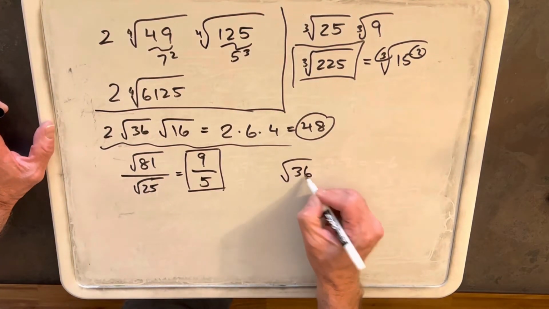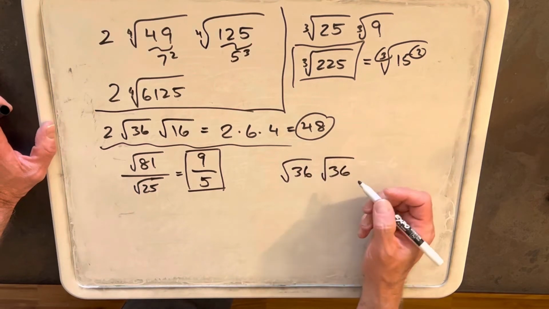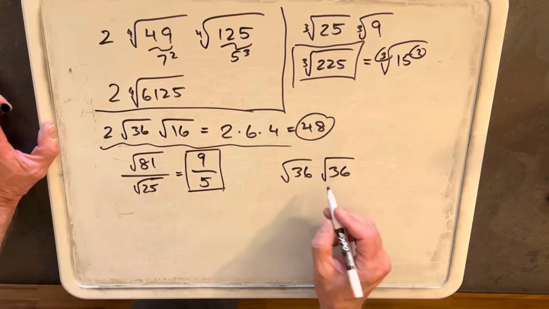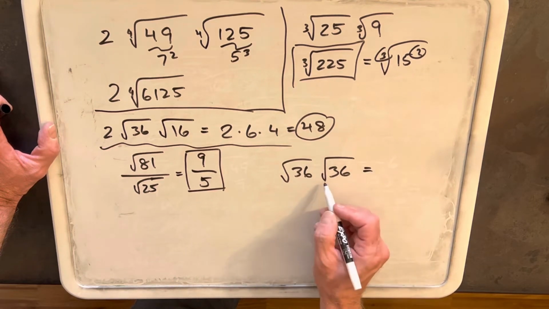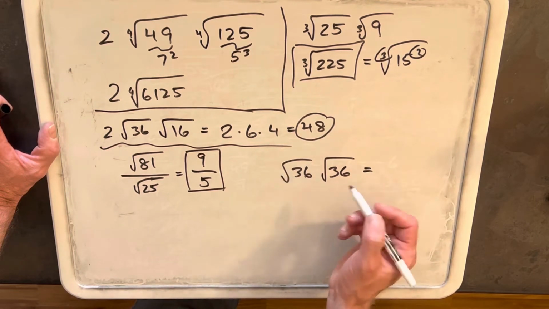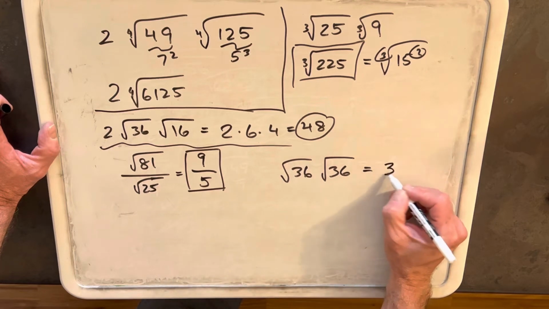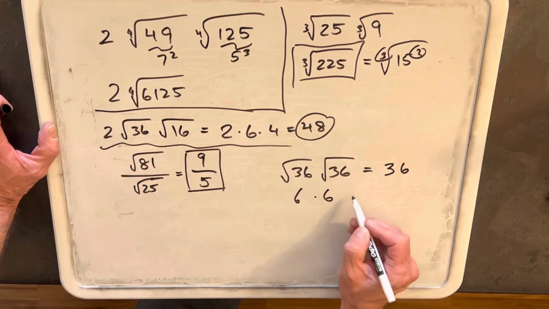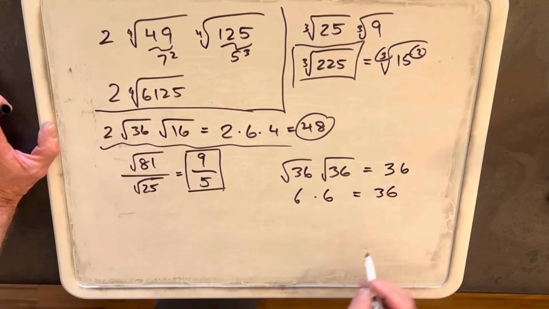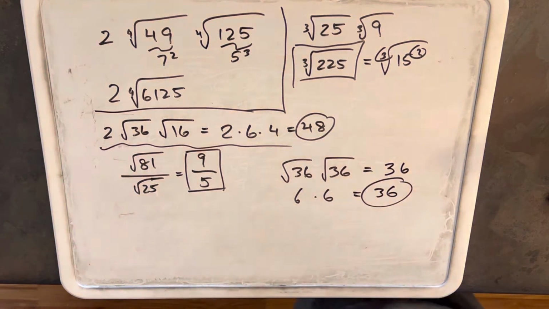We have the square root of 36 times the square root of 36. And we could do this in two methods, right? If you multiply a square root twice, it's the same thing as squaring it, so 36, but we could also square them individually and multiply it out and get 36. Okay, that's kind of overkill.